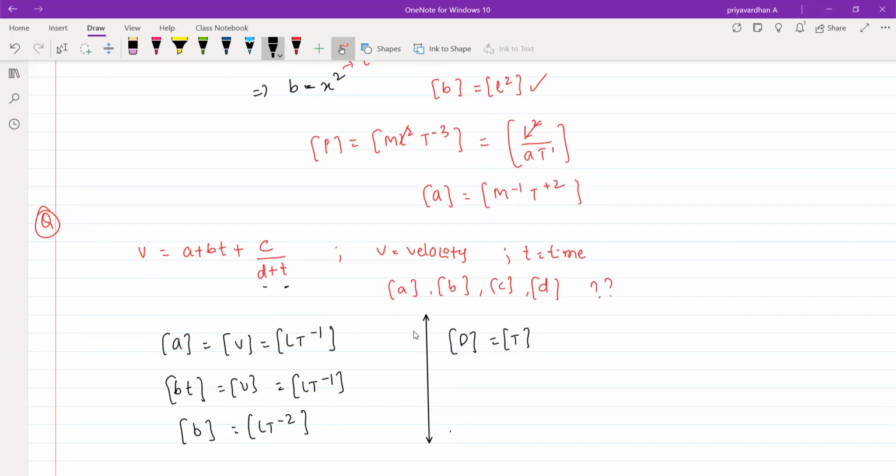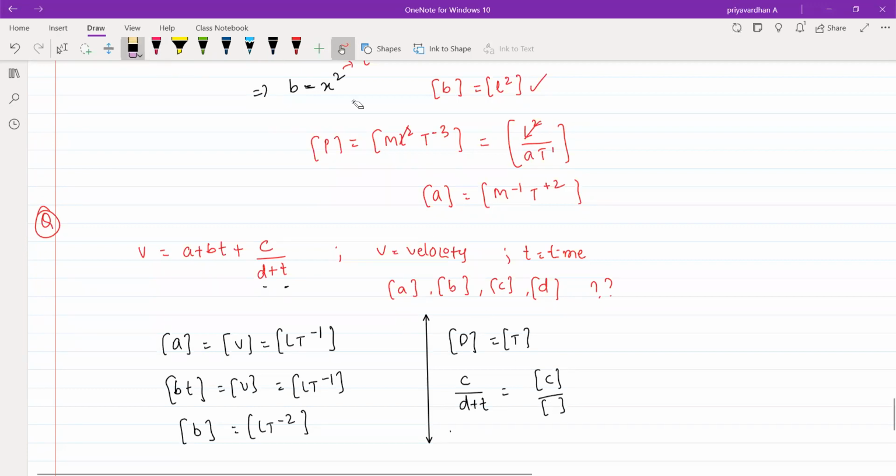Now C, we need it. Okay, that's a major thing. Can I say C by D plus T is nothing but velocity? Yes. So you can write it as C by length plus length. I'll try to directly take it as length alone. C divided by length alone. 2 meter or 3 plus 3 meter, 4 plus 4 meter, something like that. It will be again a length. Oh, sorry, it is time now.